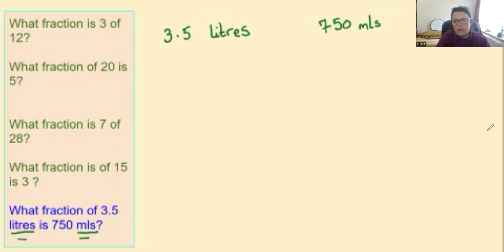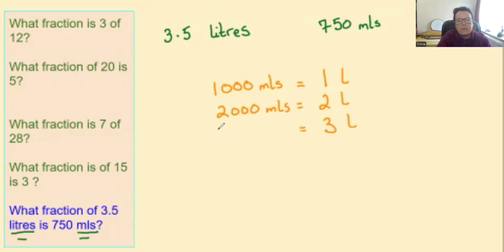Let's change that. Well, I know that 1,000 milliliters, because milli means 1,000, equals 1 liter. I know that 2 liters, therefore, is going to be 2,000 milliliters. I know that 3 liters is going to be 3,000 milliliters. What is half a liter? Well, I know 0.5 liters, or half a liter, is going to be half of my 1,000.